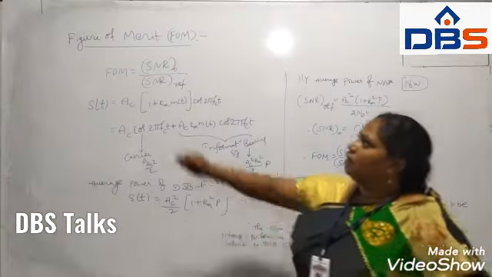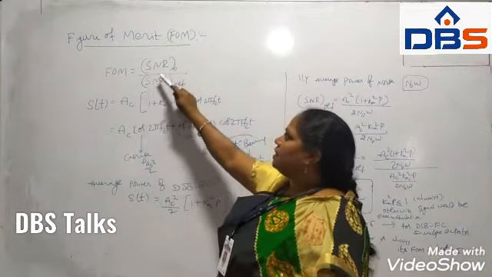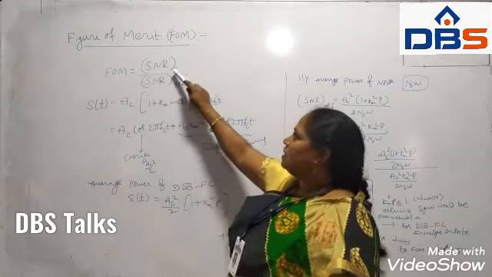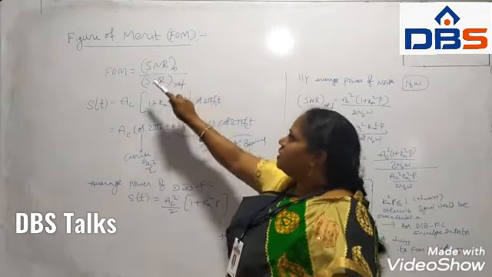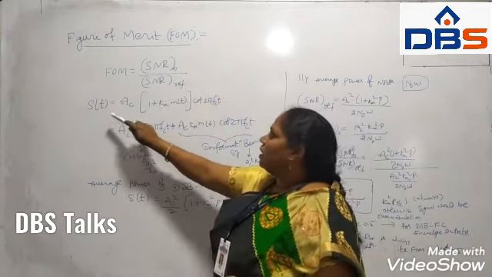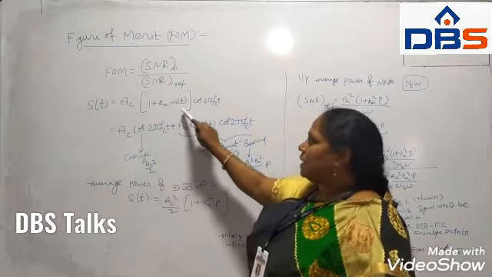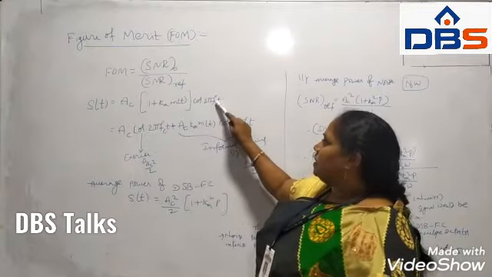Next, another one is the figure of merit. The figure of merit is defined as the ratio of the signal to noise ratio output to the signal to noise ratio of reference. Here S of t is equal to AC of 1 plus Ka m of t cos 2 pi fct.